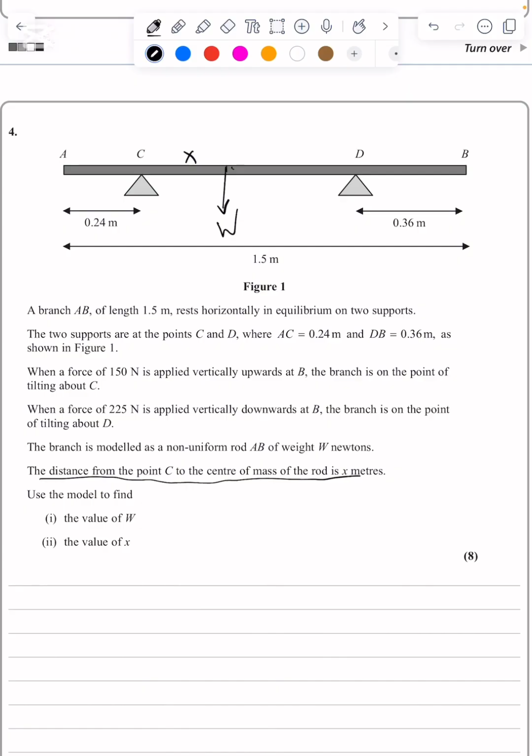So around this area. And then let's take the moment at C. Let's just write these down first.